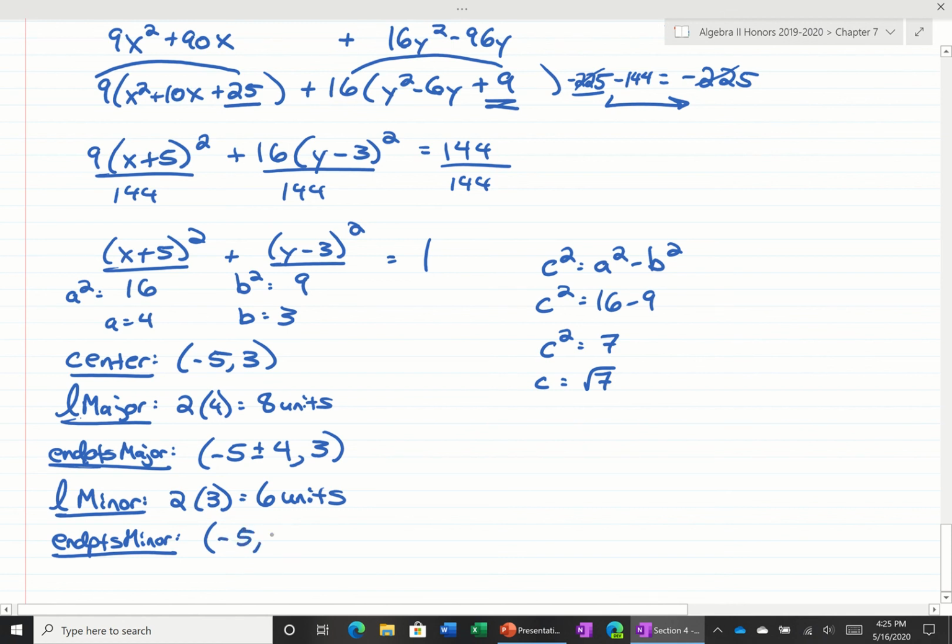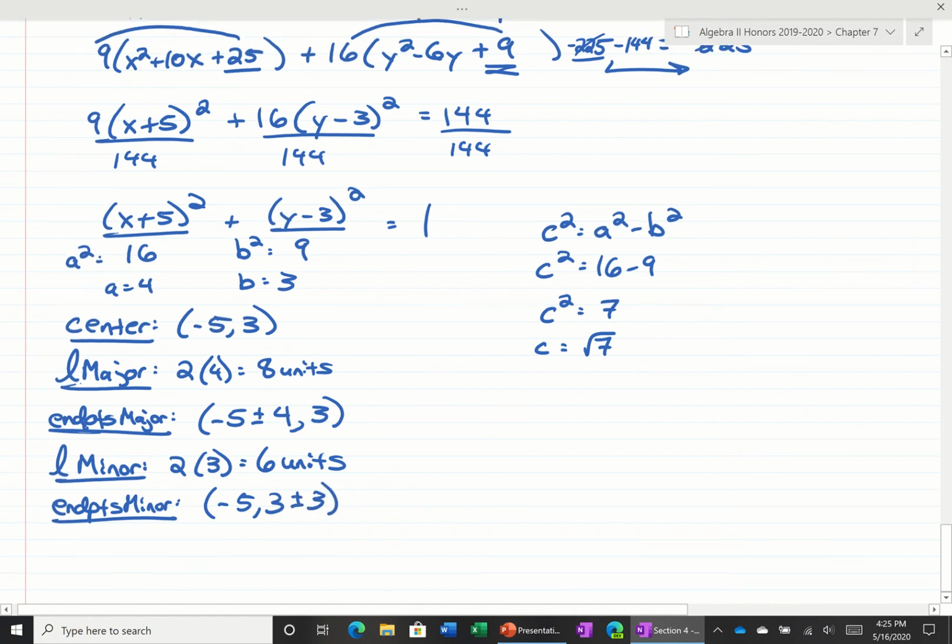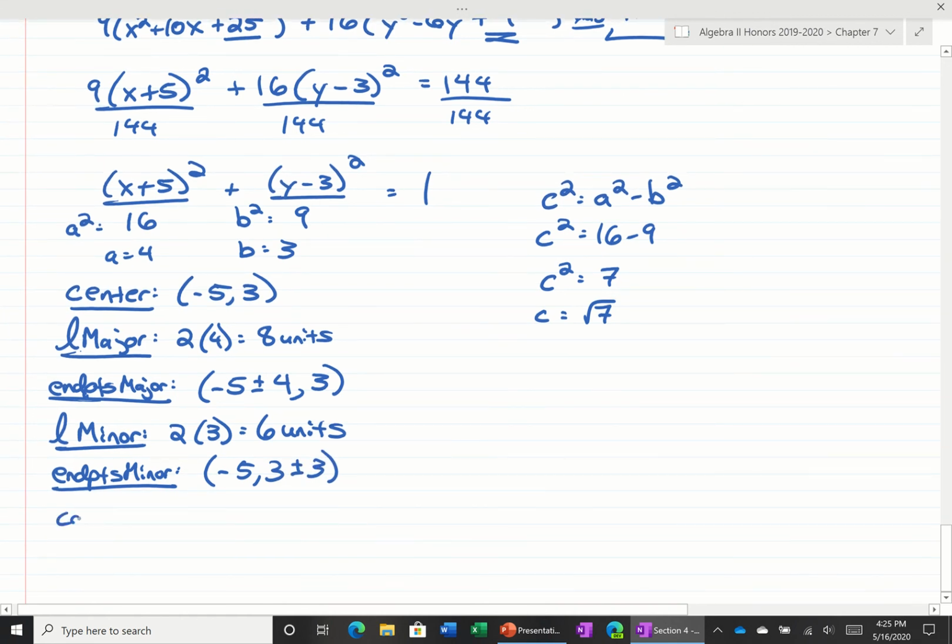So it would be negative 5, 3, plus or minus 3 units. And then as far as the coordinates of the foci, we're going to be mirroring that of the major axis. Foci would be going horizontally, so we would take our center and add root 7 to the x value.